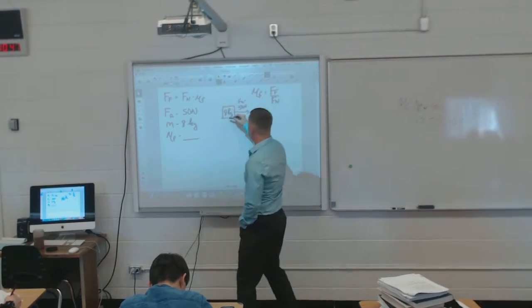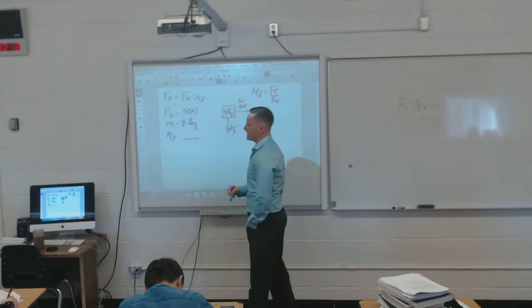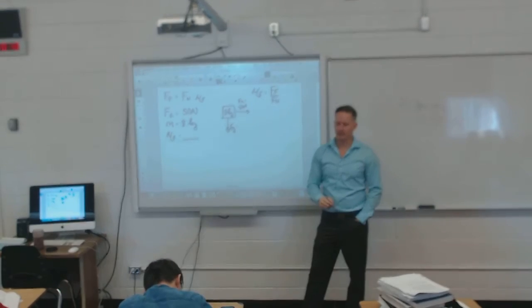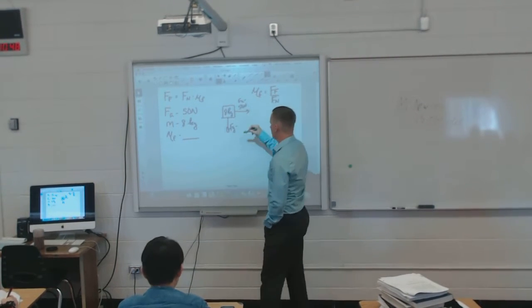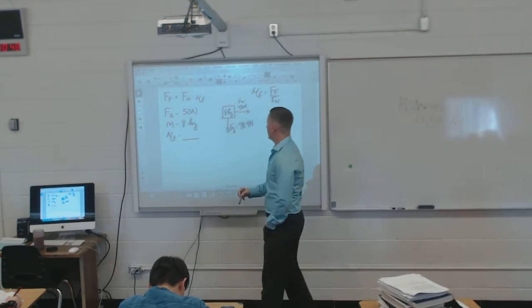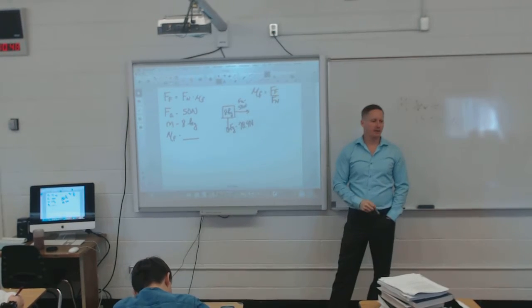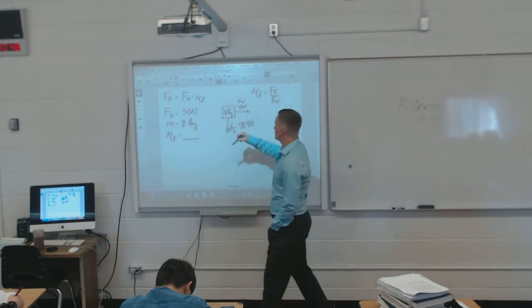Force of gravity is pulling it down. The force of gravity is 8 times 9.8. Do you want to punch that in? 78.4. Okay. What else is acting on it? Normal force.